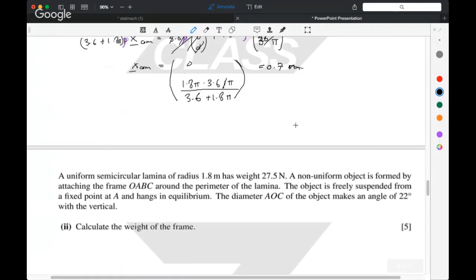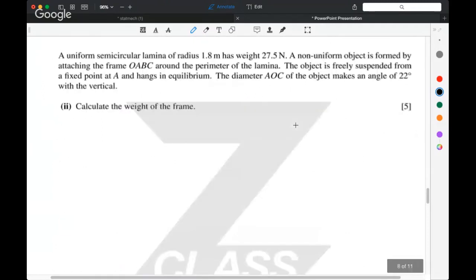Okay, question 2. This is what they love to do with these: we're going to hang an object from some point, and it's going to hang in equilibrium, which, as always, means that the center of mass is directly below the point of suspension.